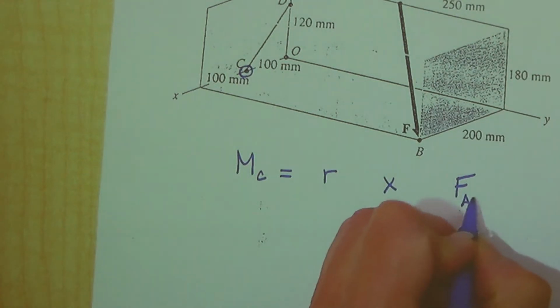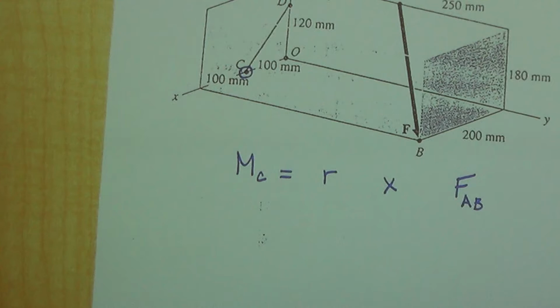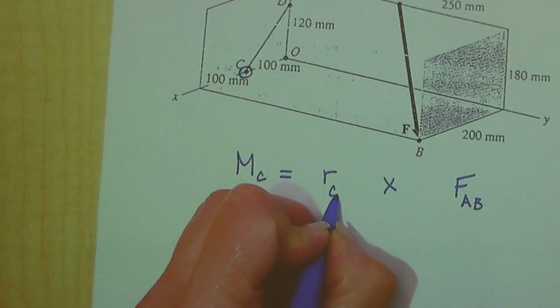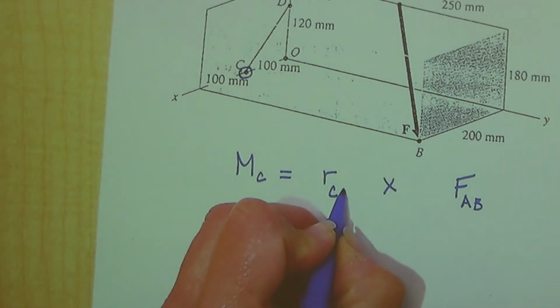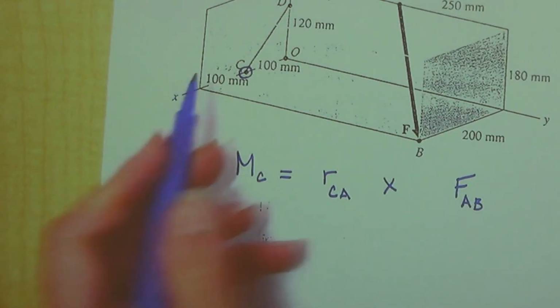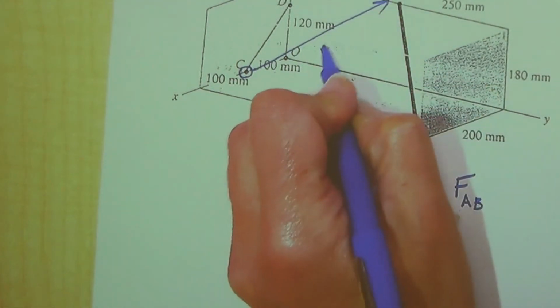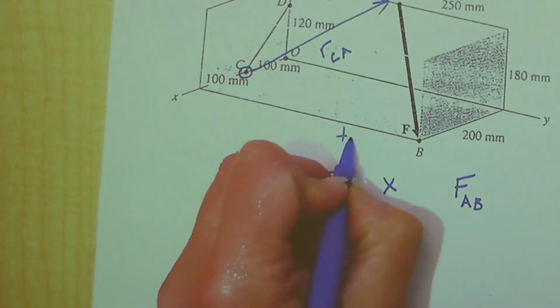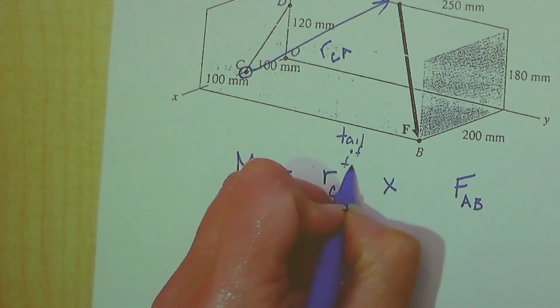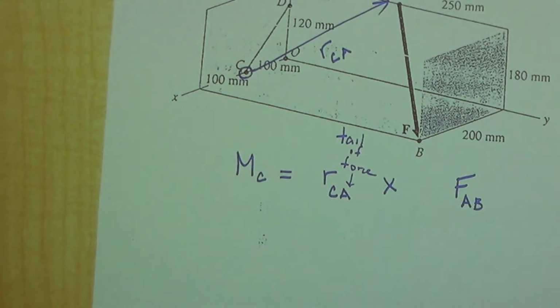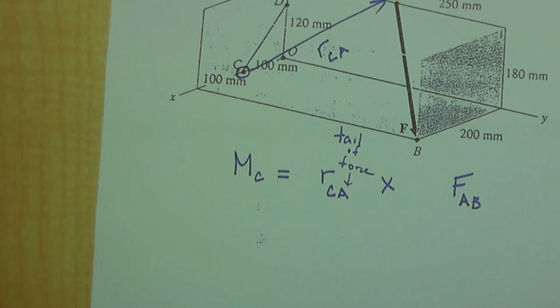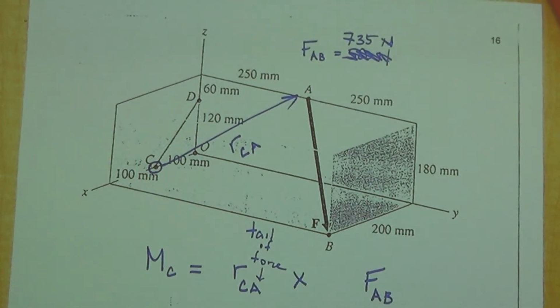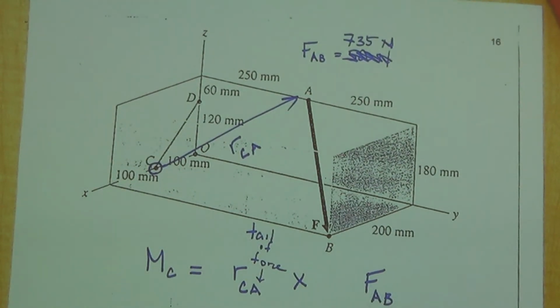A to B. So what does R go from then? From C to A. So our R vector goes from the point we're finding the moment about to the tail of the force. Tail of force. Always. I do it that way as standard, but you'll see that you can do it to B if you want. But we'll talk about that another time.